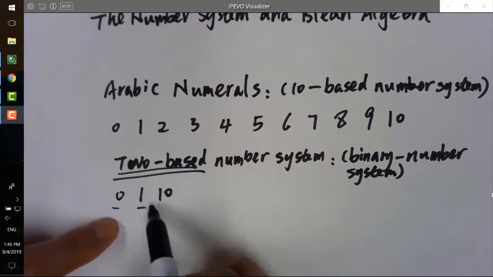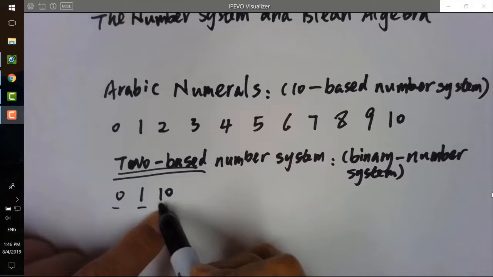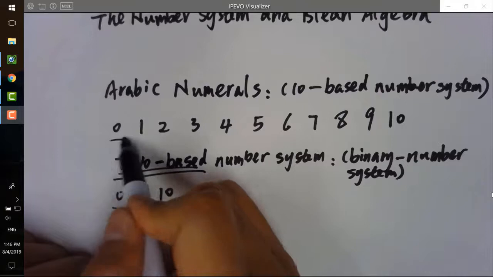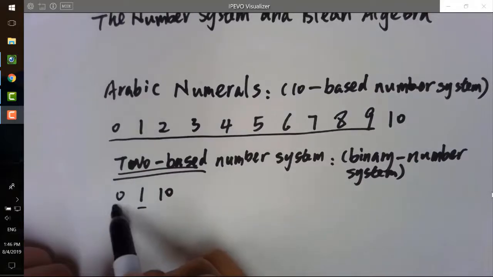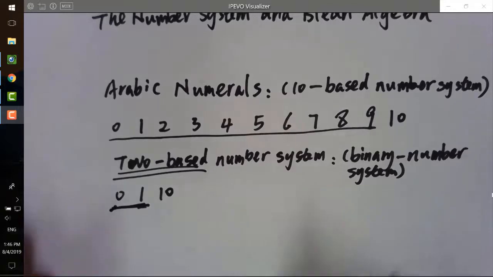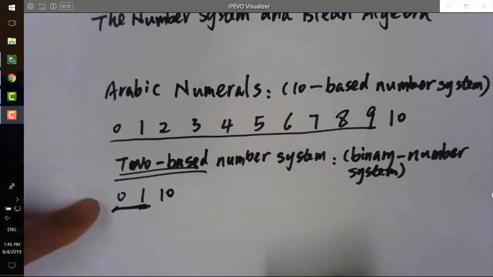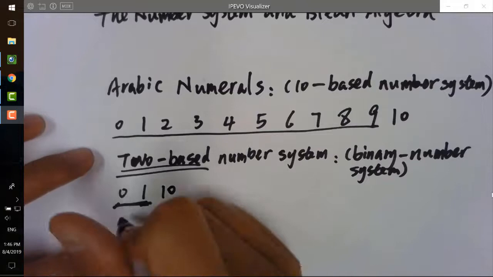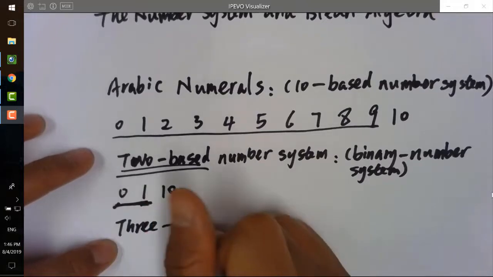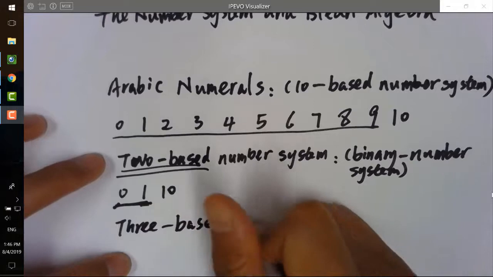We count until 1, and then we get a carry, and then we reset the first digit to 0. But in the 10-based system we count until 9, and here we count until 1. Now let's take a look at a different number system. For example, 3. What about the 3-based number system?